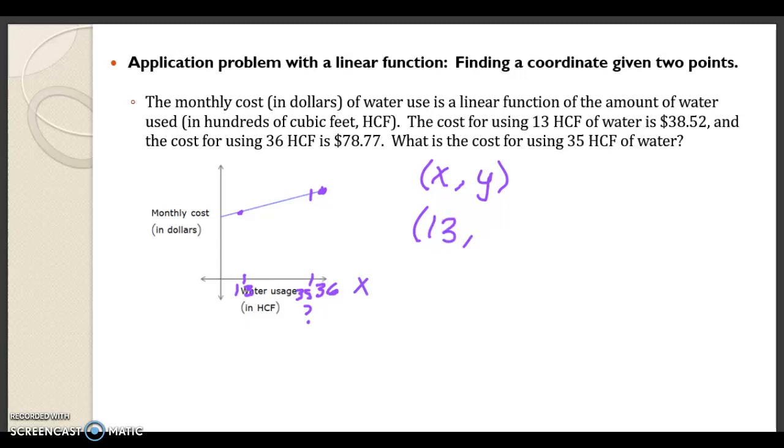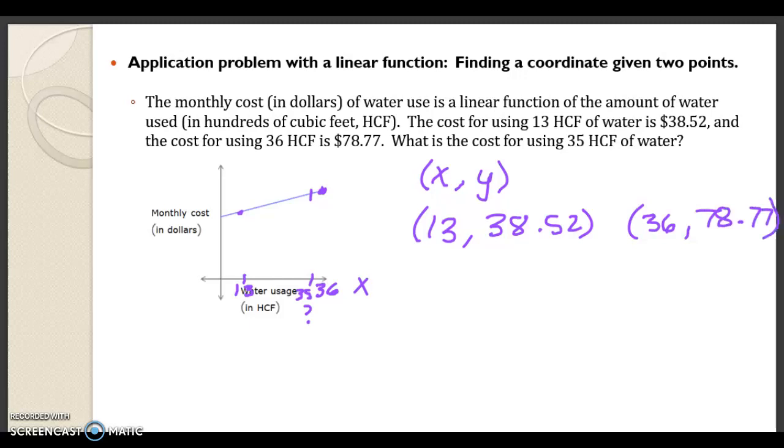So when we put 13 in, we get out 38.52. We can make a second point by saying when I put 36 into my function, I'm going to get out 78.77.